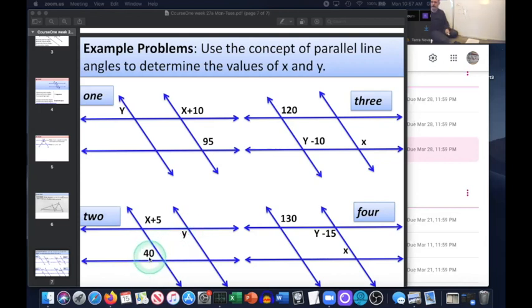The y and 40 are not touching the same transversal. We can compare the 40 to x plus 5 because they're touching the same up and down transversal. And we can compare the y to the x plus 5 because they're touching the left and right transversal.